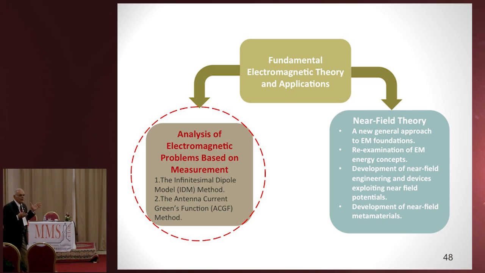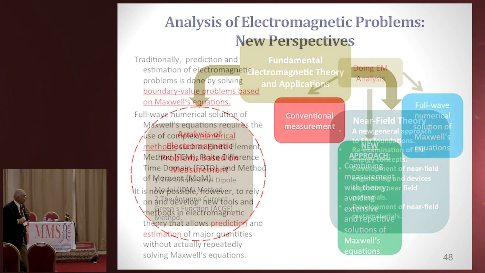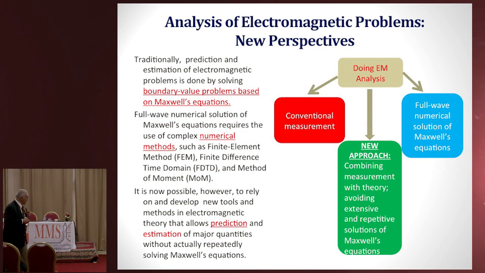And this is why we came up with the concept of the antenna current stream function, which I'll explain in a second. Basically, combining these two together gives us a way of doing some analysis that you'll see in a second, giving an example here. So far we use conventional methods of wave analysis.